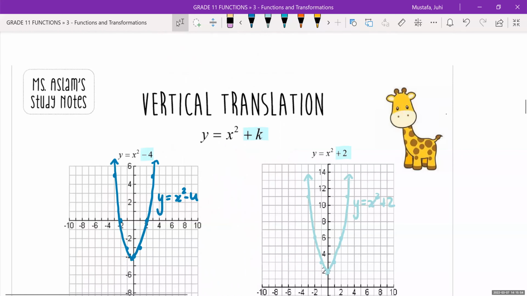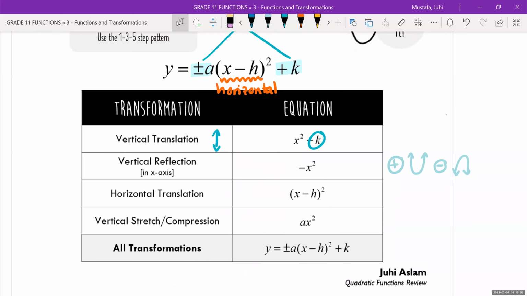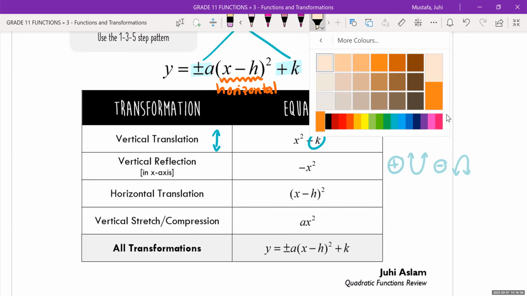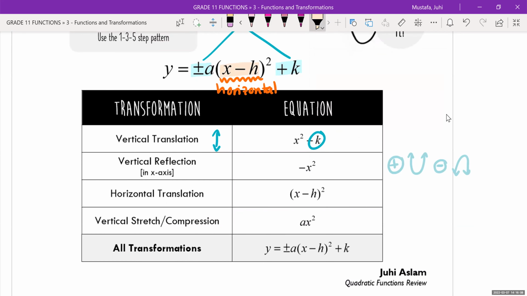All right, we're going back to our chart now. We're finally ready to look inside of the bracket. We kind of already talked about it. We know it has to be a horizontal translation. What that means is this number inside of the bracket is going to be shifting our graph to the right or to the left. Now, it's a little counterintuitive because even though it's moving to the right or to the left, the sign of the number matters.